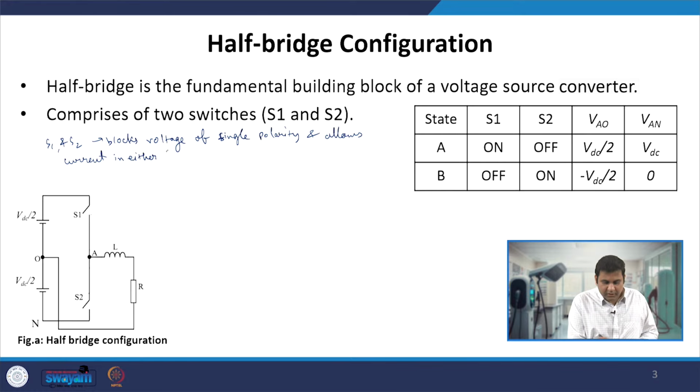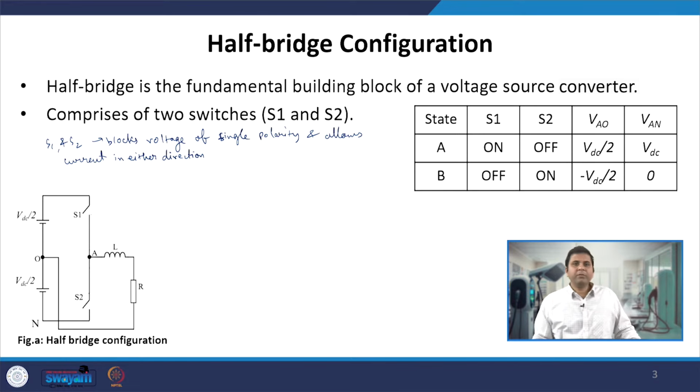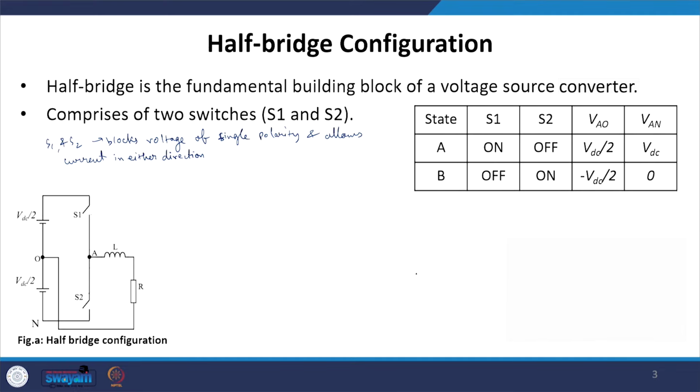So any switch which can support this kind of functionality can be used to realize S1 and S2. It could be a MOSFET with a body diode, or an IGBT with a freewheeling diode, or a BJT with a freewheeling diode, but mostly it is done using MOSFETs and IGBTs with freewheeling diodes.